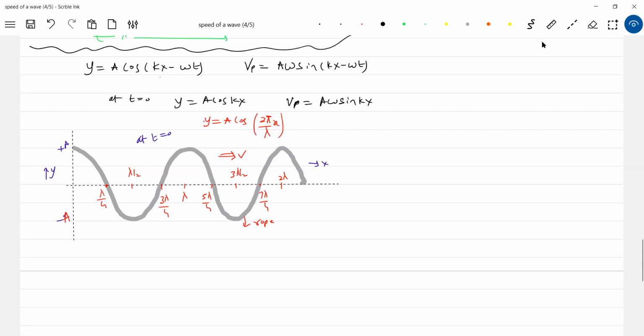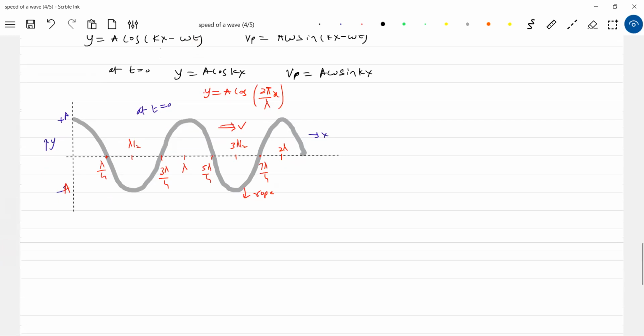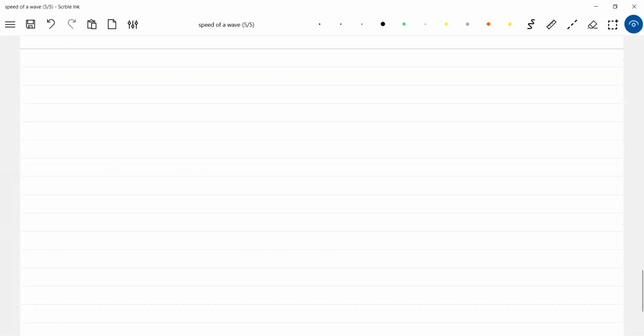Okay, I agree. In the beginning itself, I would have told you, you'll get confused. And we know what is one lambda. This is one lambda, no? This is two lambda. Y equal to a cos omega t minus kx. Let's explore that also.